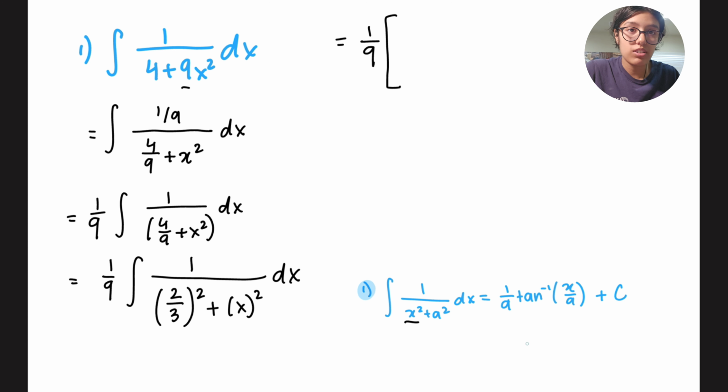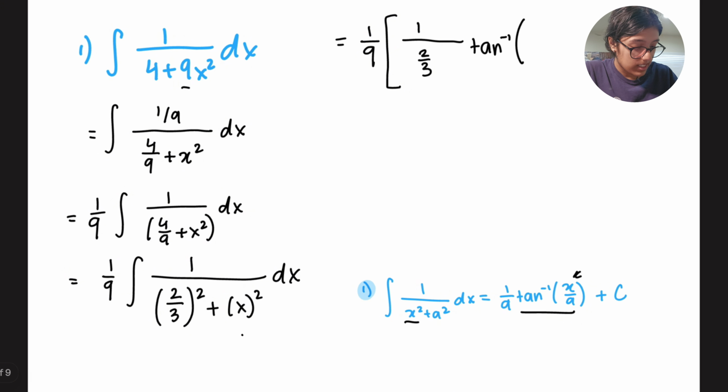So we have 1 over a. A is always the constant, so a is going to be that term right over there. So 1 over a is going to be 3/2, and then we have a tan inverse of x over a. X is going to be this. In a lot of the integrals, this x is not always just going to be x.